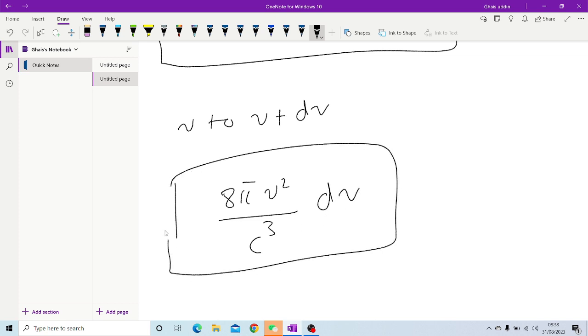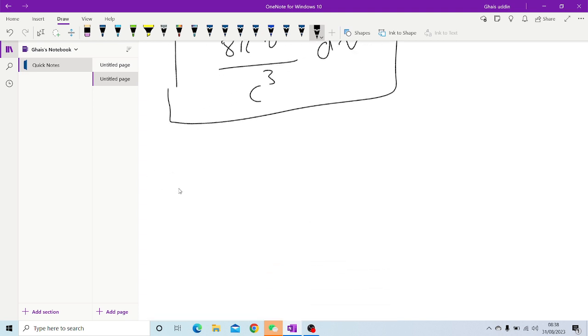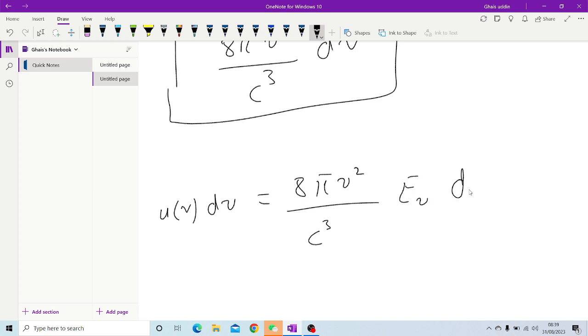We already calculated this in our previous lectures. So it means the full form of this is u nu d nu, which is equal to 8 pi nu square divided by c cube, and this is E nu d nu.